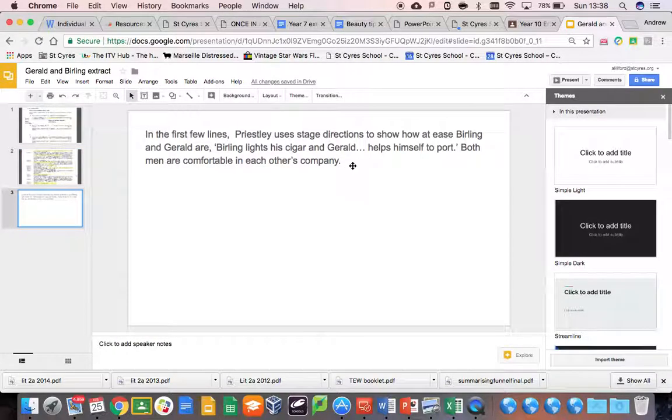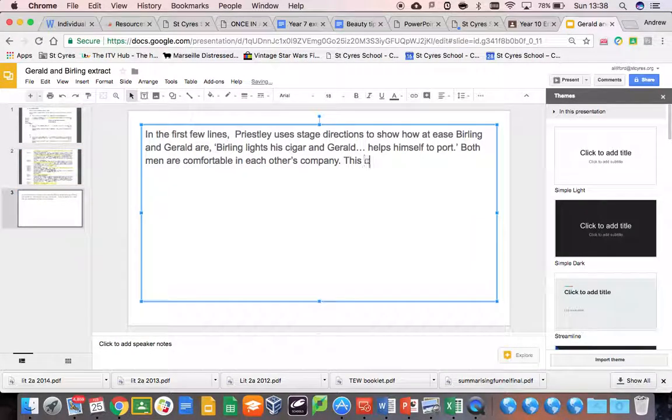So we might point out this changes a few lines later. So I'm still pointing the reader where to look. This changes a few lines later when Birling mentions Gerald and Sheila's engagement.